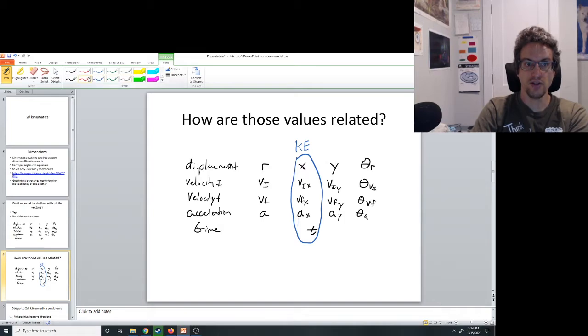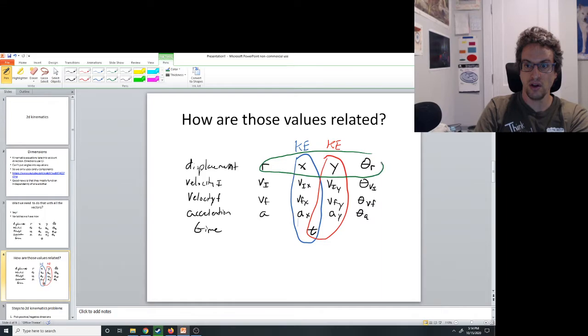For the y values, you can also use kinematics equations. And anytime you have the same type of value, so all the displacements, they can be related through trig, through triangles.